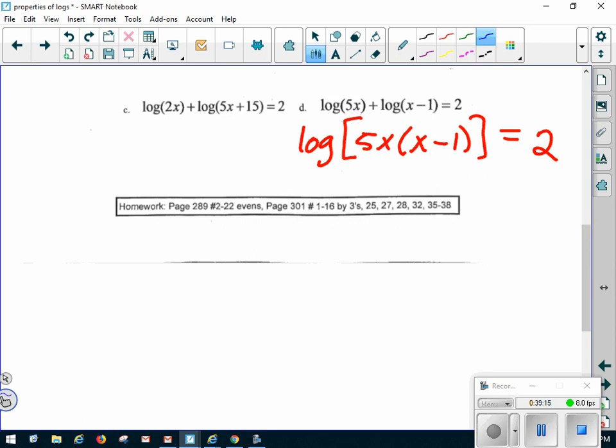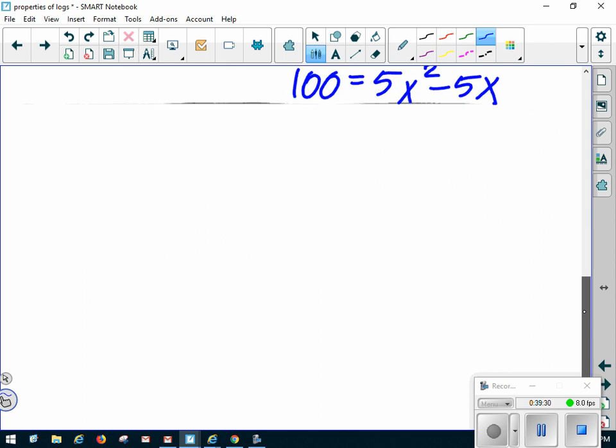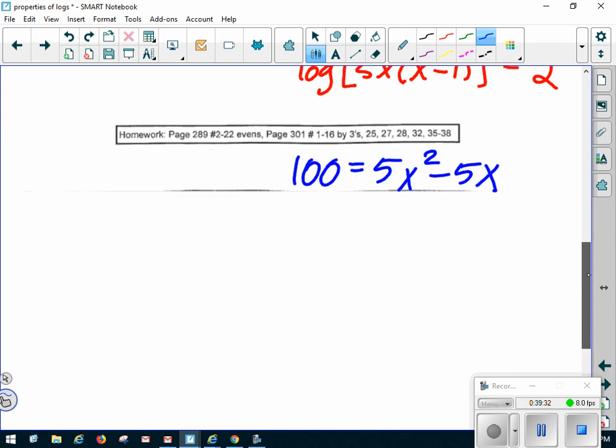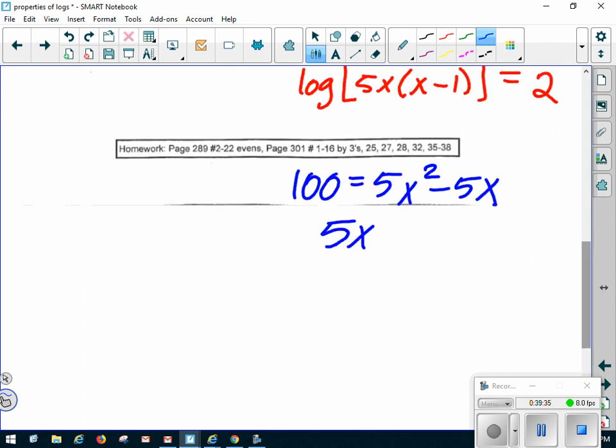Are you okay with this piece? 10 squared. There you go. Well done. Minus 5x minus 100.